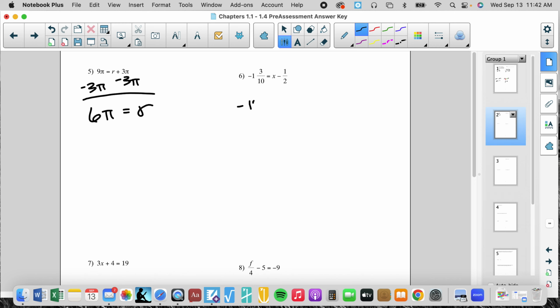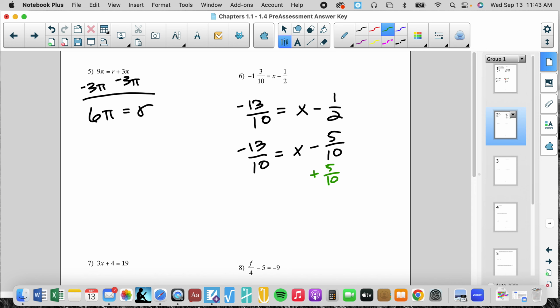First thing we want to do is convert that to improper fractions. Probably it's going to help me, maybe even like denominators. So I can do that conversion right now. I can wait until later. Now I see that 5/10 is being subtracted, so I'll add 5/10.